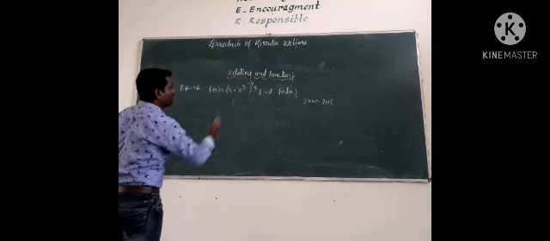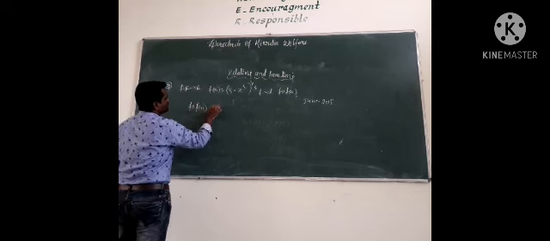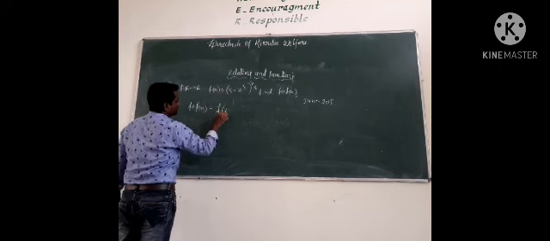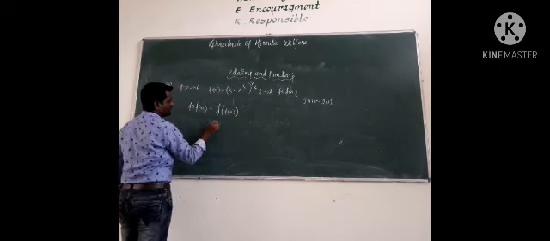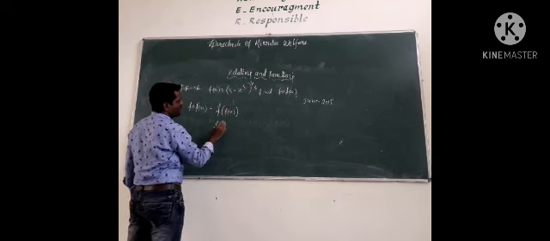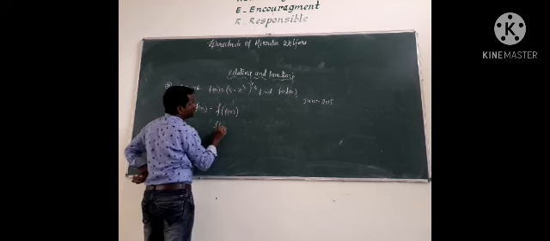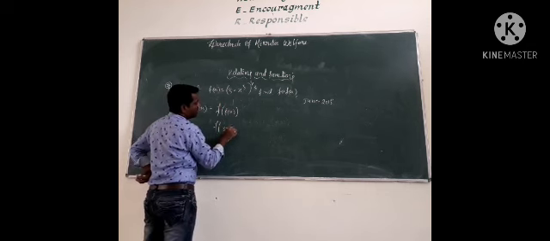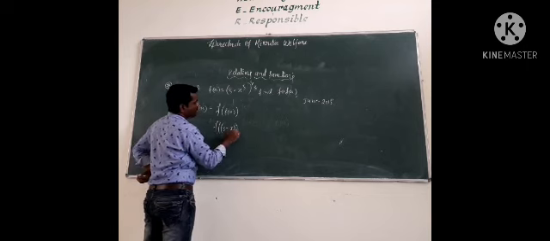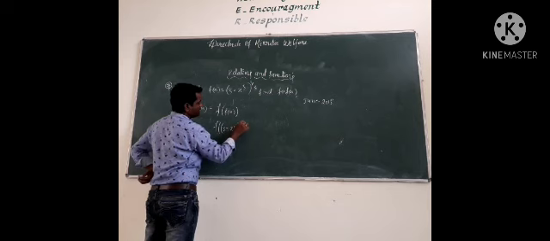Now we go for finding f o f of x. F o f of x equal to f of f of x. F of x is given here. Write here 3 minus x cube, 3 minus x cube whole power 1 by 3.